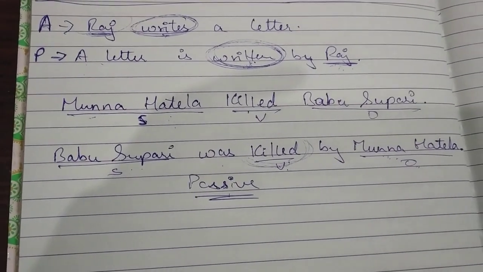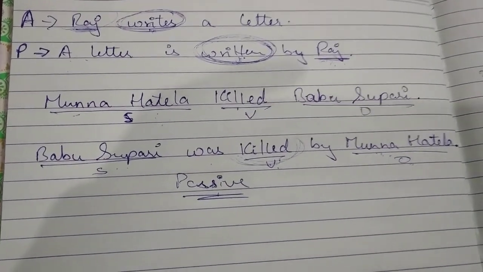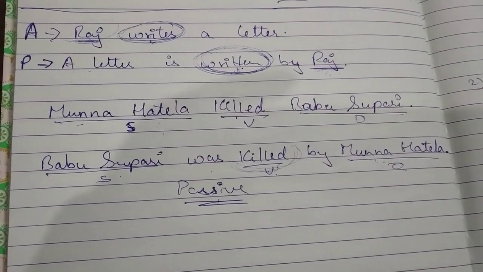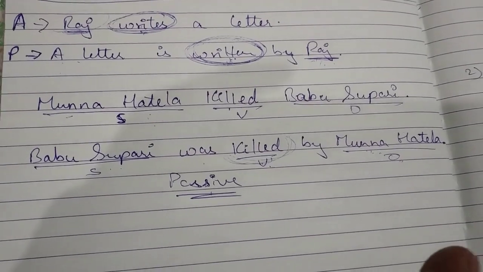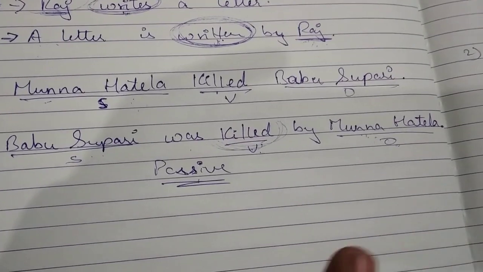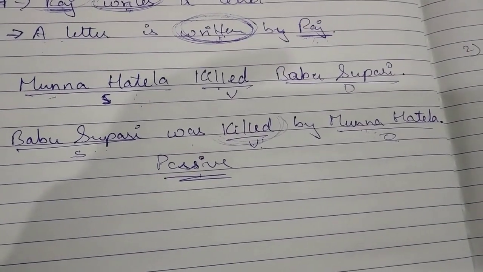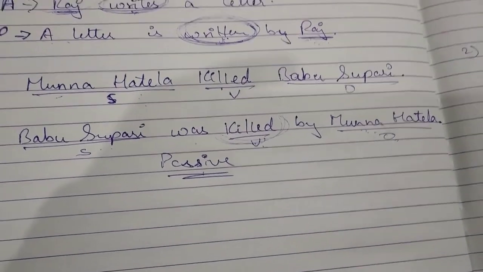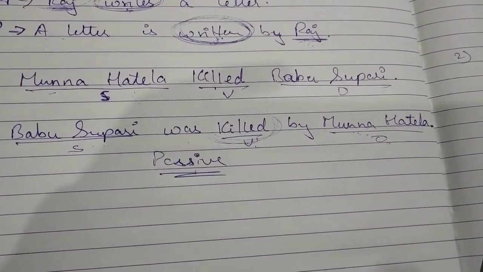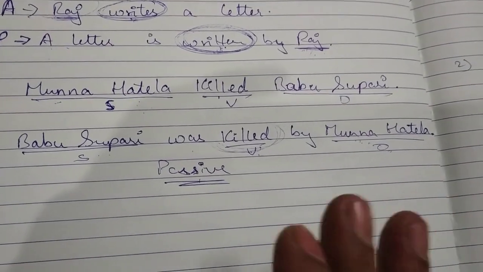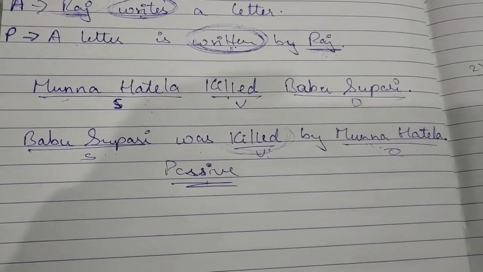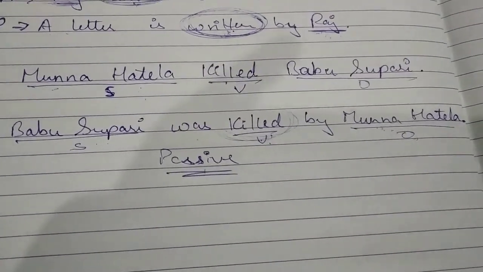Just the basic rule first, then we will see later what the different rules are: the rule of converting when there is a modal auxiliary, what the rules are when the sentence is imperative, that is, an order, command or request, and how you have to change the voice. If there is a modal auxiliary plus have in the sentence, then how you have to change the voice. So all these cases we will be keeping for later studies.